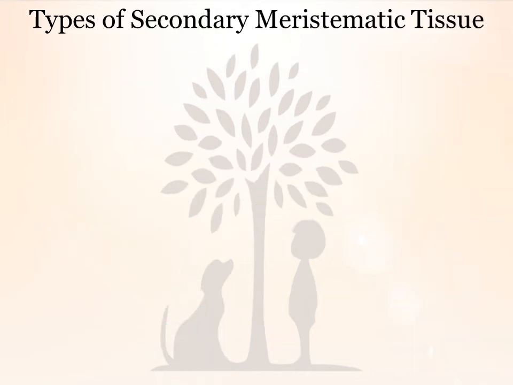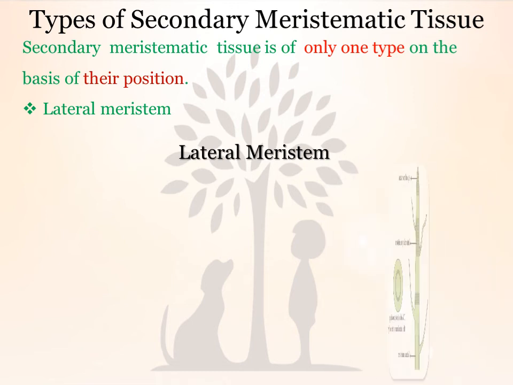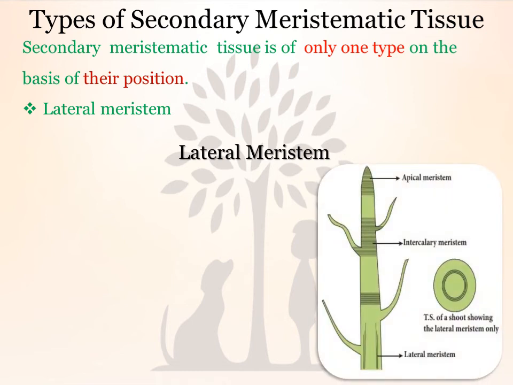Now the types of secondary meristematic tissue. Only one type, which we already discussed, that is the lateral type. Secondary meristematic tissue is of only one type on the basis of position: lateral meristem. Now we have discussed what lateral meristem is. This is the picture of lateral meristem.